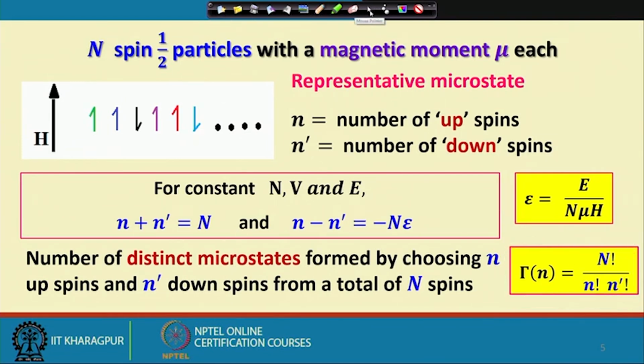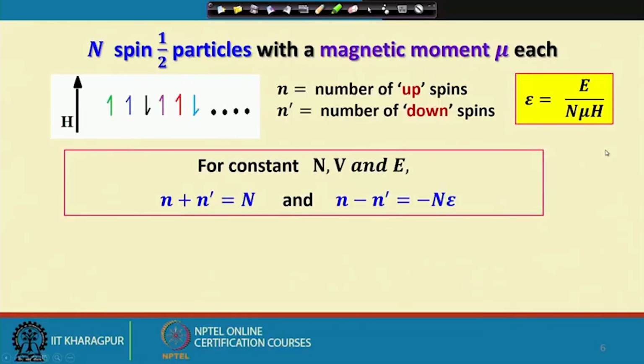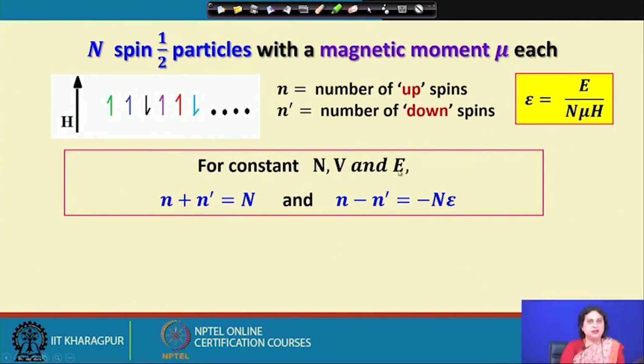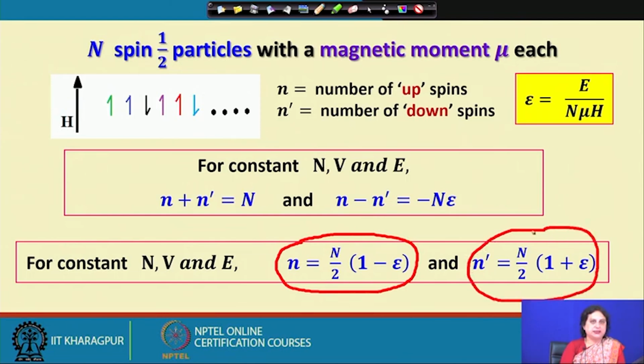While this is actually understandable, let us now have a look at what happens if I want to express this small n and n prime in terms of the given constants capital N, V and capital E. These two algebraic equations can be solved very easily, and you will find that small n is given by an expression like this and n prime is given by an expression like this.